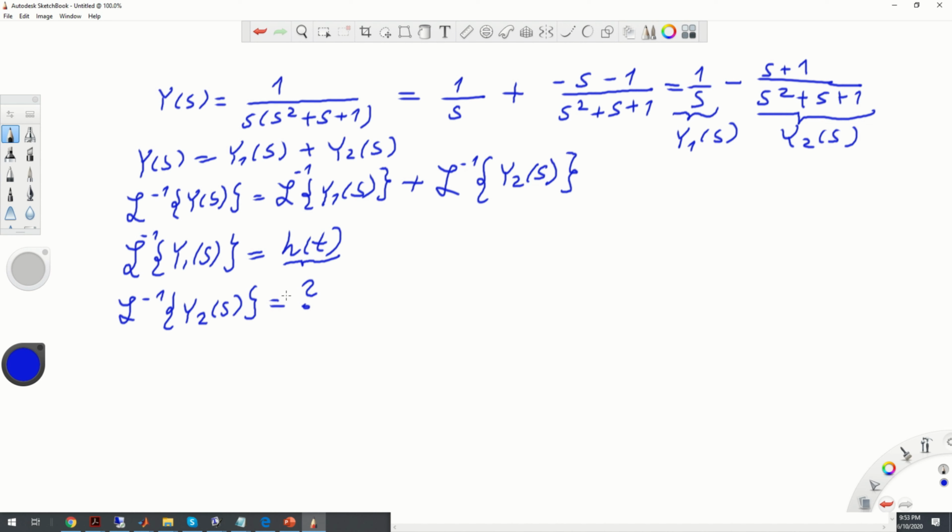Now, to compute this inverse Laplace transform, we have to recall a few properties of the Laplace transform. So the first property is: what is the Laplace transform of a function that's scaled? Let's say we have some function f in the time domain, and we scale such a function by a constant a.